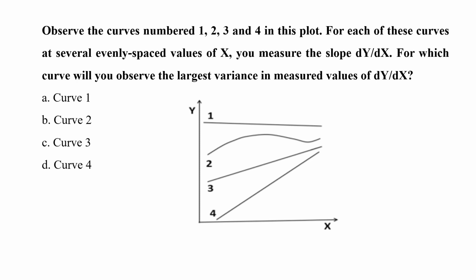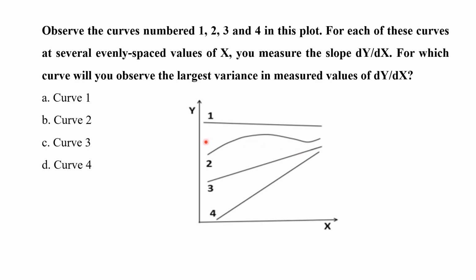For the graphs 1, 3 and 4, the slope is constant, and the slope is given by dy by dx. For the curve 2, the slope is derived at every point on the curve by dy by dx, that is, by drawing a tangent at every point on the curve.